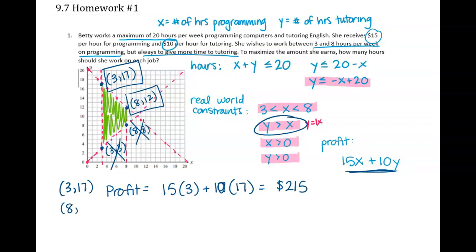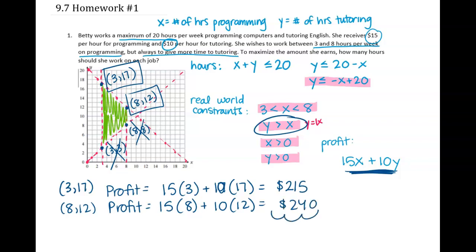For the point (8, 12), our profit is 15 times our x value of 8, plus 10 times our y value of 12. Again, we're using this original profit equation we came up with earlier. This ends up being $240.